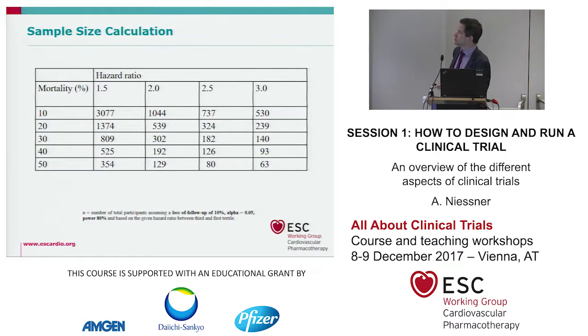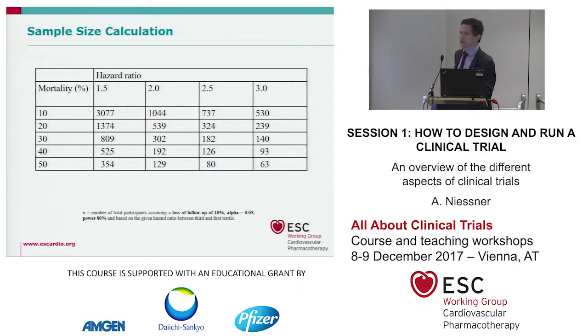There are two factors which influence your required sample size. That is the difference in risk, here shown by a hazard ratio or risk ratio, so the increase in risk in one group compared to the other group. If you want to see a large difference, that's fine.